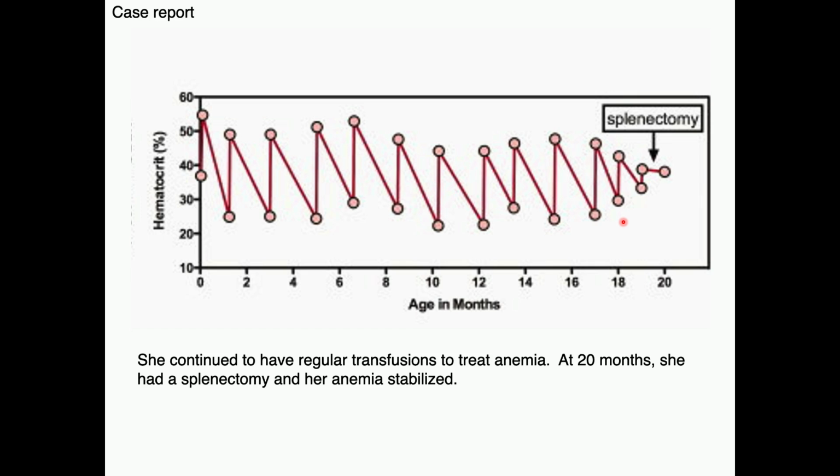Any thoughts on a potential complication for having this many transfusions this rapidly? No. So we're going to talk about iron metabolism next week, and you could potentially get hemochromatosis or an iron overload condition from having these multiple transfusions.